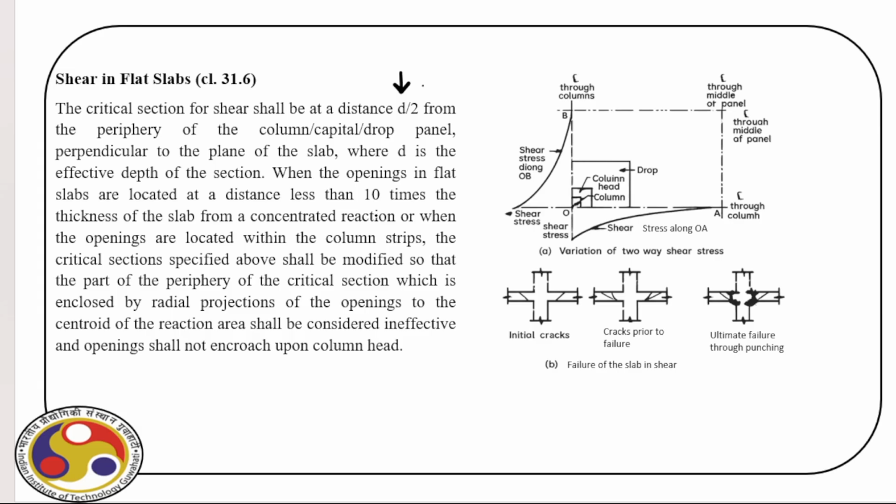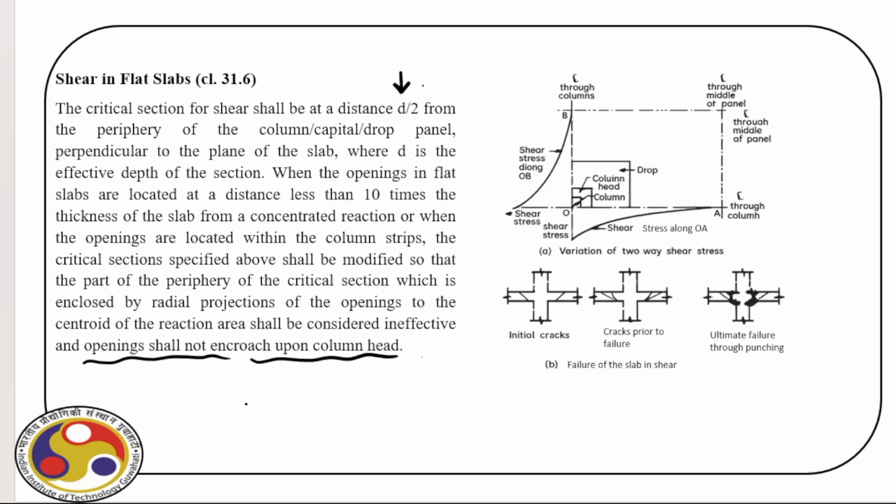When the openings in flat slabs are located at a distance less than 10 times the thickness of the slab from a concentrated reaction, or when the openings are located within the column strip, the critical sections specified above shall be modified so that the part of the periphery of the critical section which is enclosed by radial projections of the opening to the centroid of the reaction area shall be considered ineffective, and the opening shall not encroach upon column heads.